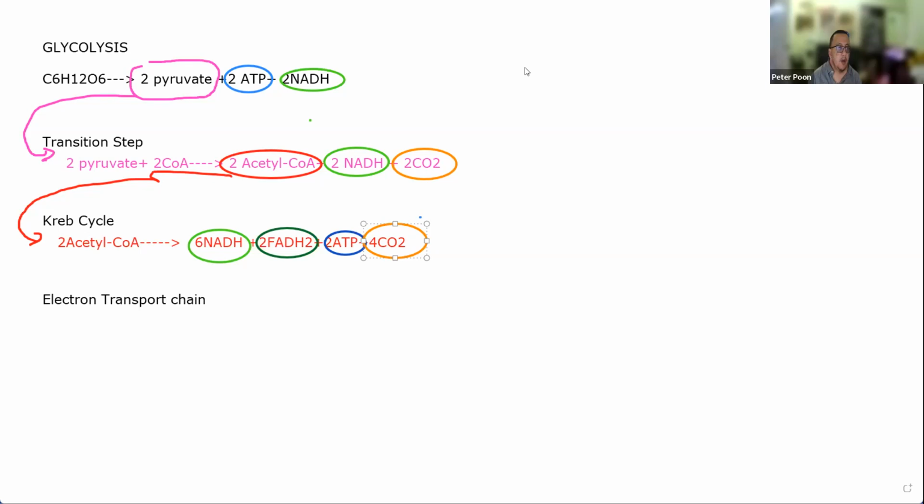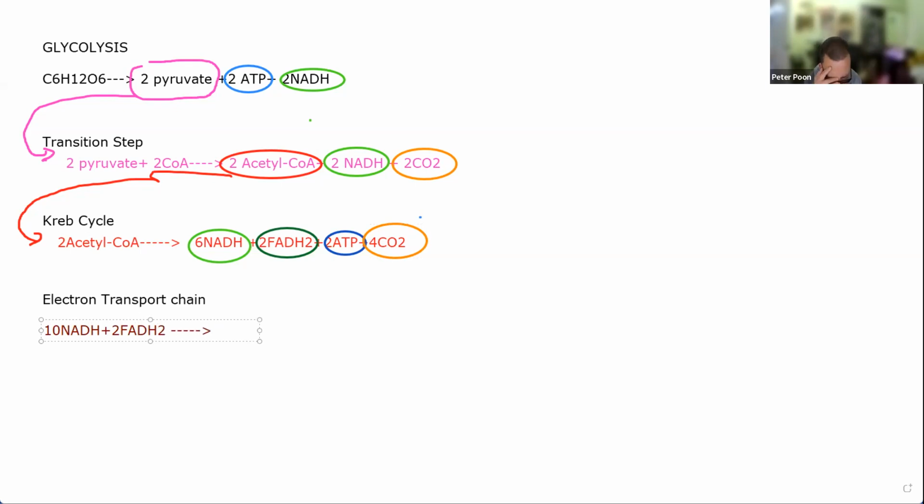Okay. So the electron transport chain, I will put in purple. Okay. 10 NADHs plus 2 FADH2s.